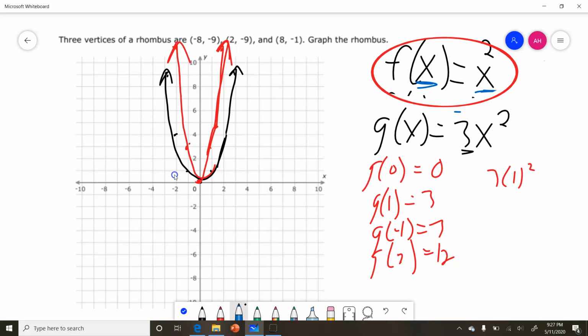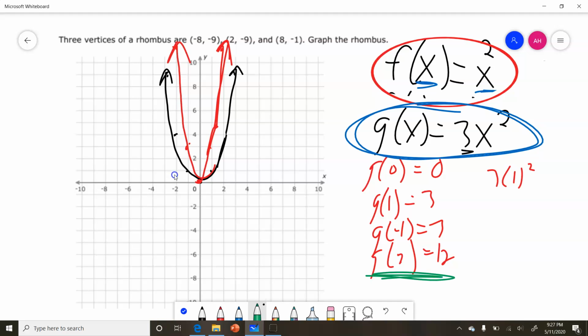Why is the red line different? Well, it had a 3 in front of the x squared, and that made it way steeper. So all I do to solve these is plug in the equation. g of 0 equals 3 times 0 squared. It's the same thing as how I would solve a normal problem.